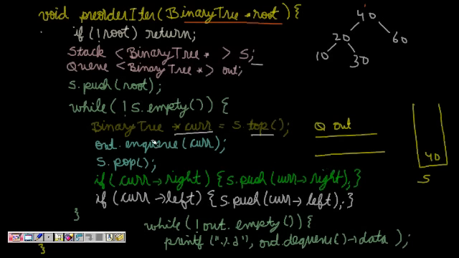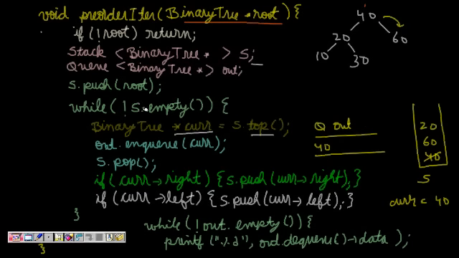And then while stack is not empty, I make current equal to s dot top. I enqueue this here, and then I do s dot pop. So it comes out, and if the current right is not null, which is not null here, I push it here, and if current left is not null, I also push this here.